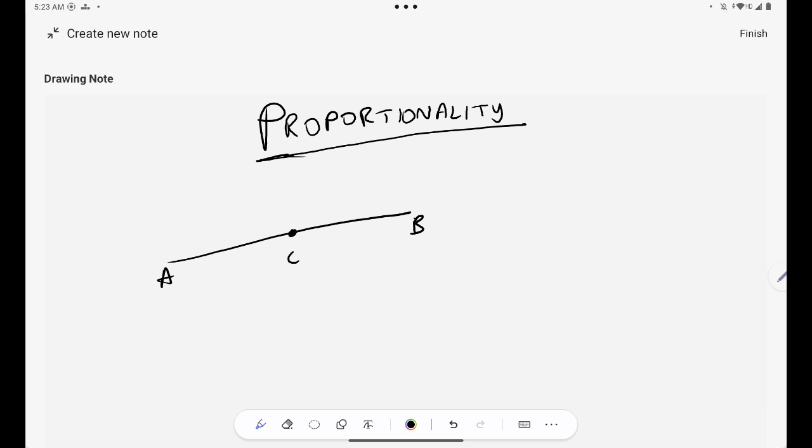Let's say we have the line segment AB, which we are told is 30 centimeters together, and we are given that the ratio of AC to CB is equal to 2:3.